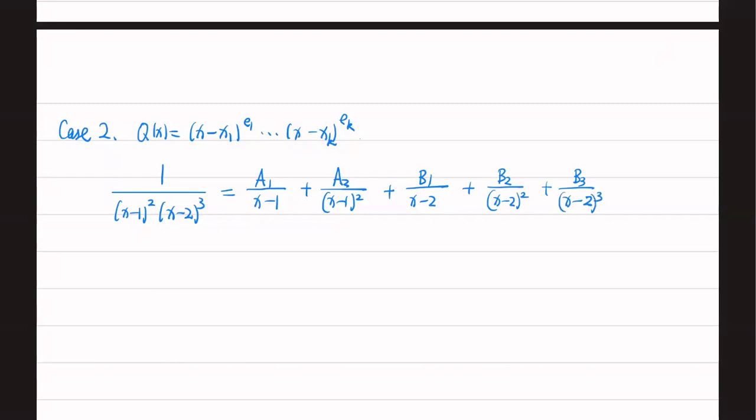So if we have a repeated factor, this will give us two terms, one for this, one for that. A cubic factor gives three terms.